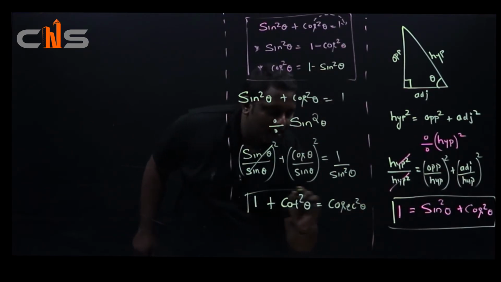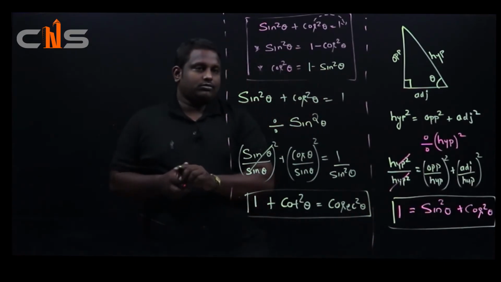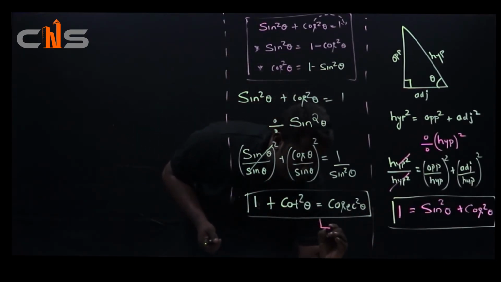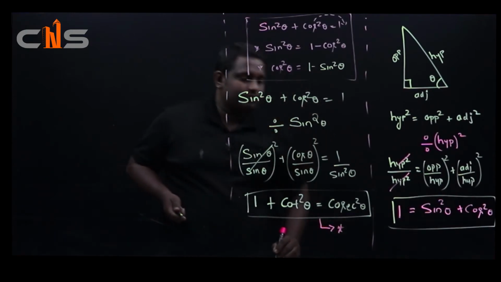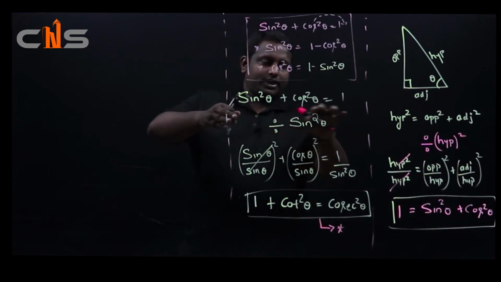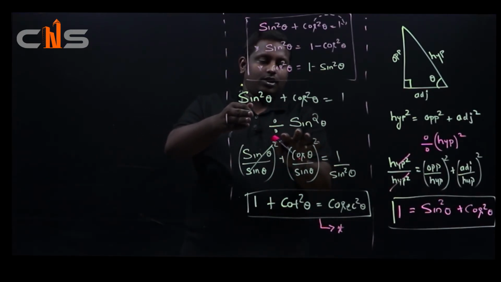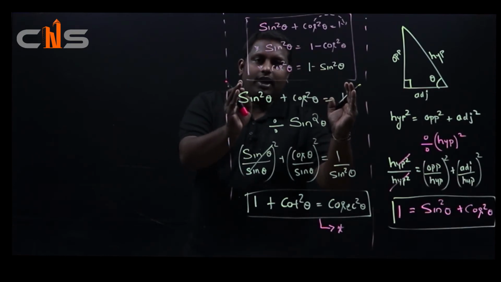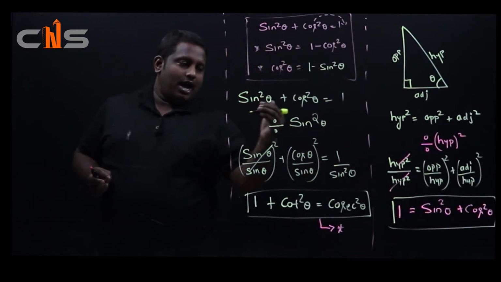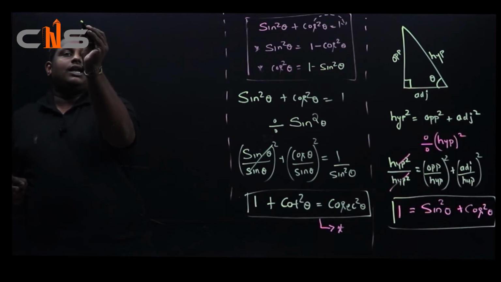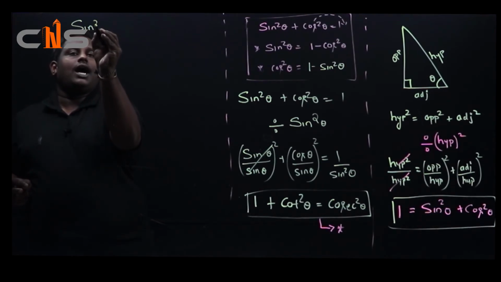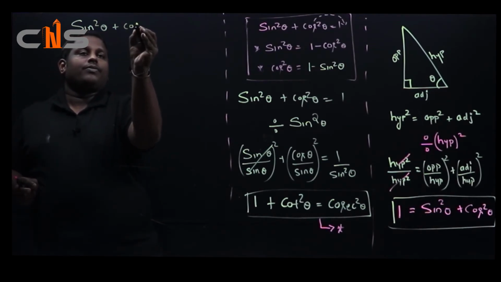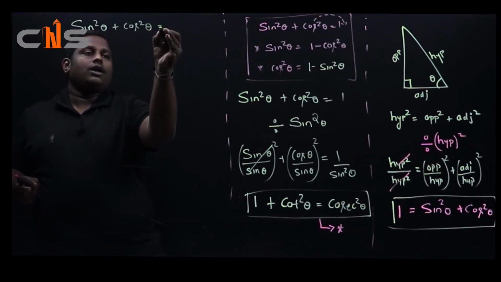This is the second identity. Clear? So we took the first identity and divided the whole thing by sine square theta. Clear? Now once again we'll take the same identity and derive another identity.